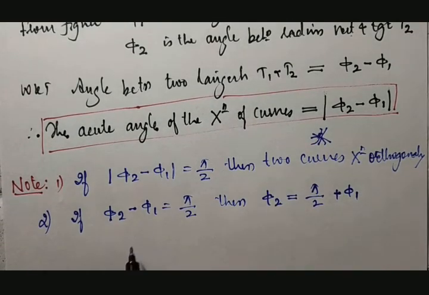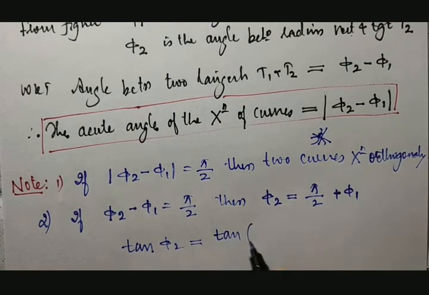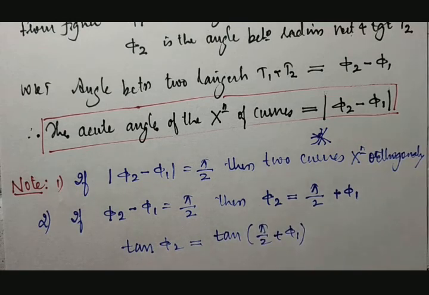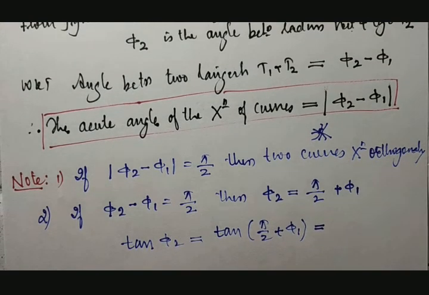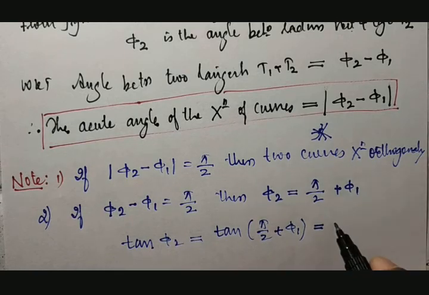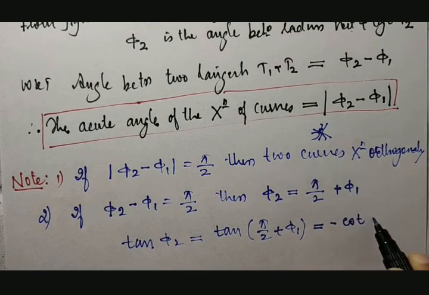Then tan pi 2 is equal to tan of 90 degrees plus pi 1, which is nothing but minus cot pi 1.